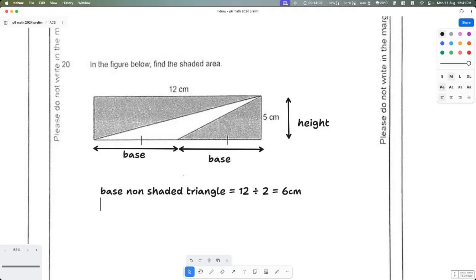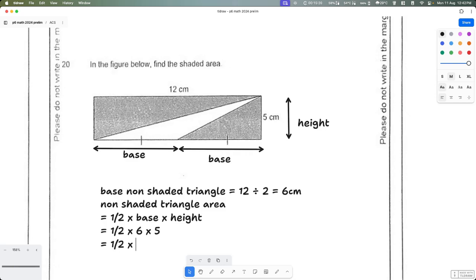So now the next thing is we will know the height. So then we want to get the area. The non-shaded triangle area is equal to half times base times height, which means half times, the base is 6 times the height is 5.